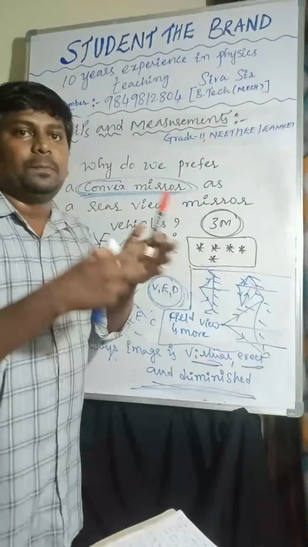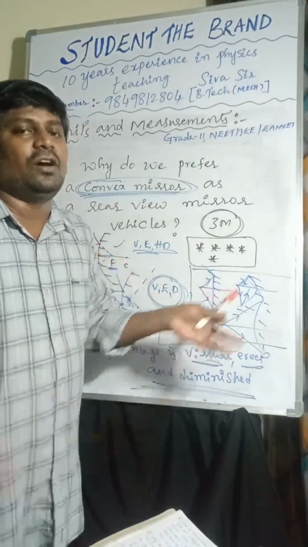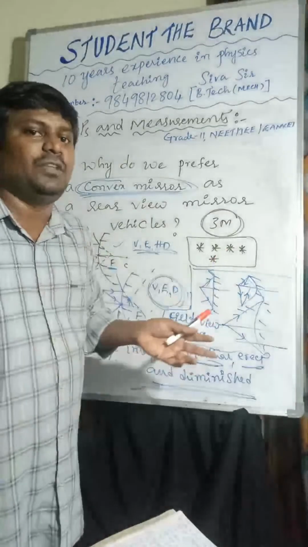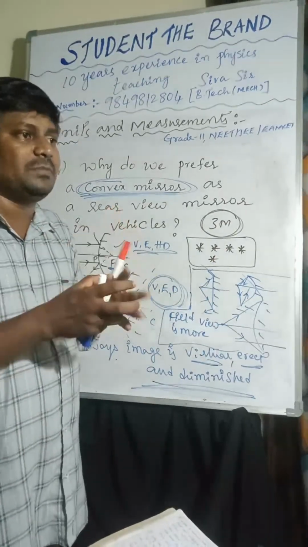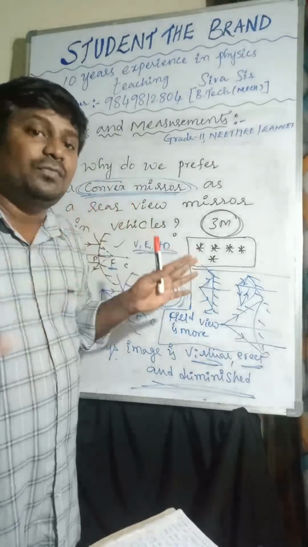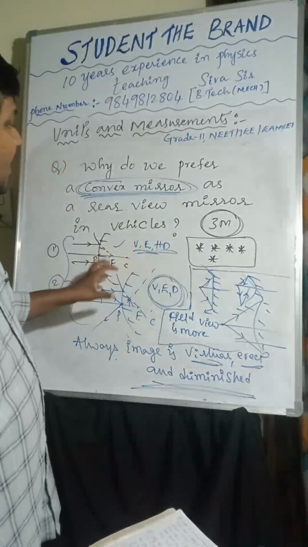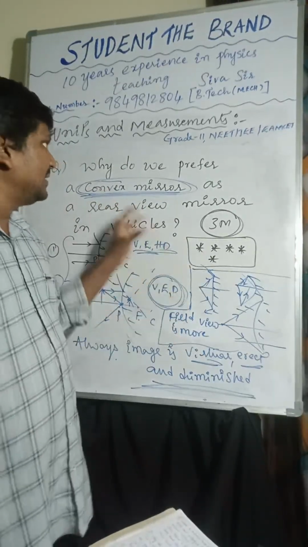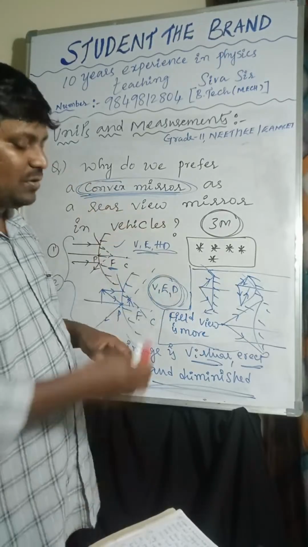If we place any object in front of a convex mirror, we can see the full view of the object. If you place a convex mirror in front of the Taj Mahal also, we can see the full view of the Taj Mahal. That is the reason we are using a convex mirror as a rear view mirror.